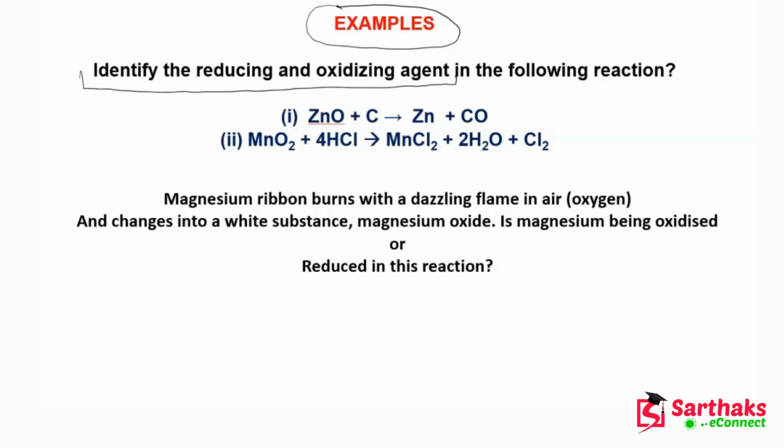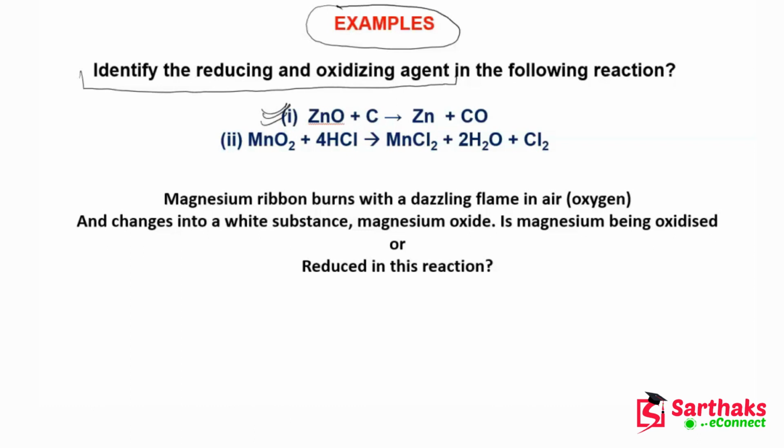When I taught you reducing and oxidizing agents, I told you that the compound or the element which gets reduced is the oxidizing agent, and the compound or the element which gets oxidized will be known as the reducing agent. So let's solve this first question. Here we will check which is getting oxidized or reduced.